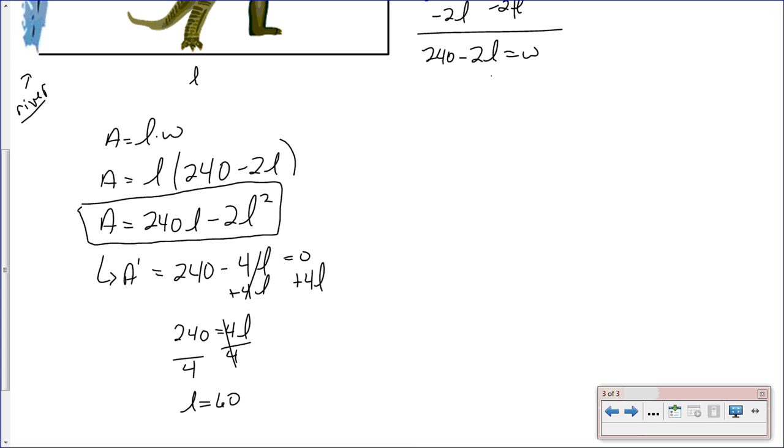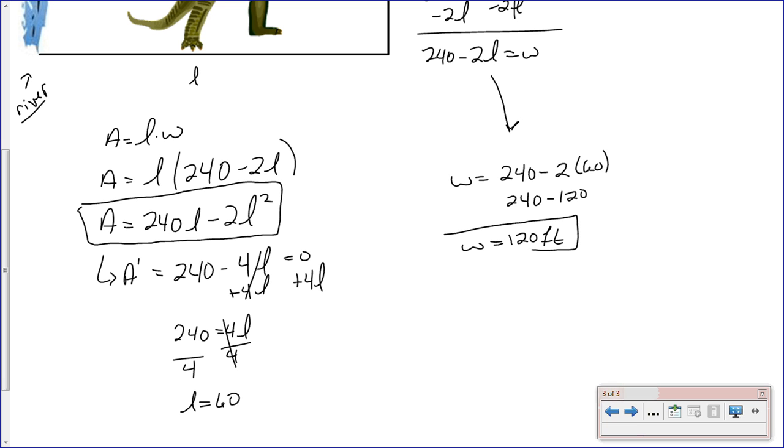Now, pulling this equation down, W equals 240 minus 2L. All right, let's plug L into that equation. 240 minus 2 times 60, which is 240 minus 120. So W equals 120 feet.